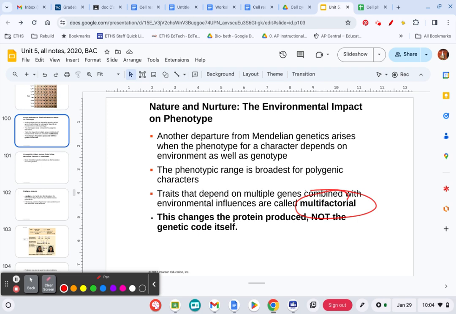But we know from experience in lots of different life situations as well as in the experimental realm that there can be things in the environment that impact whether or not an allele produces a particular protein. So traits that depend on multiple genes combined with environmental factors, that's the key part there, are called multifactorial.